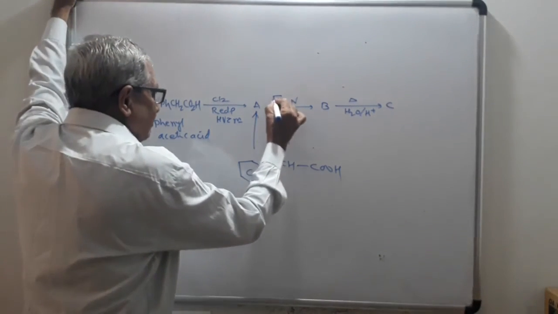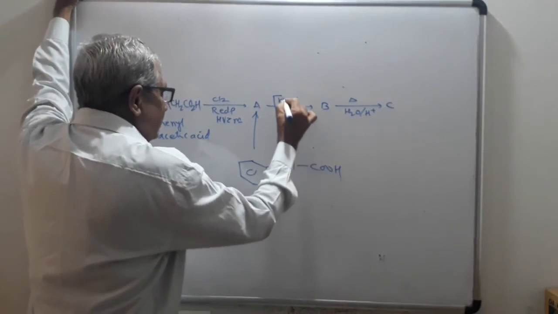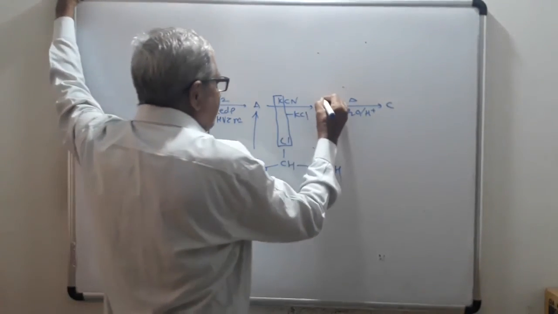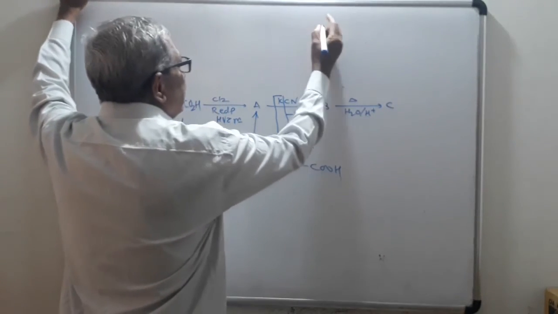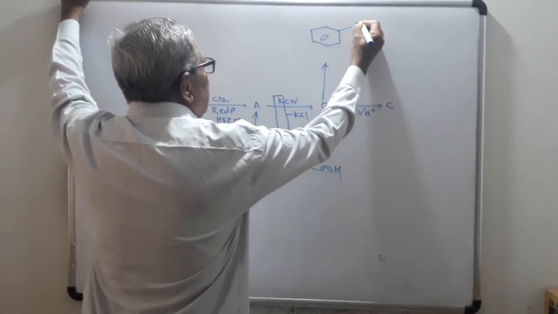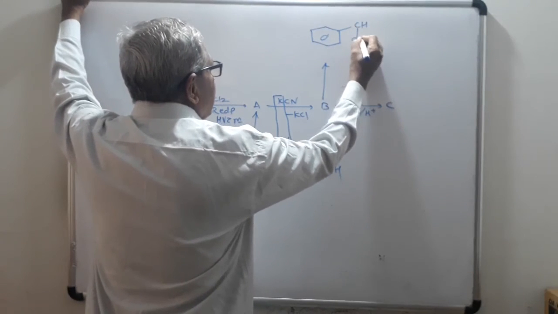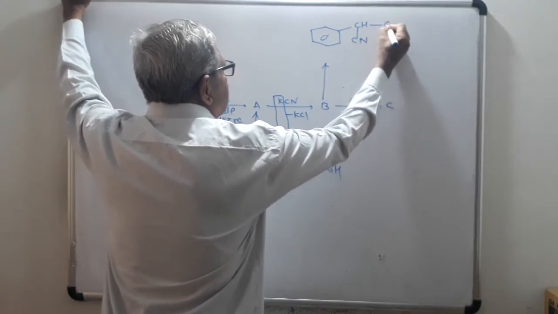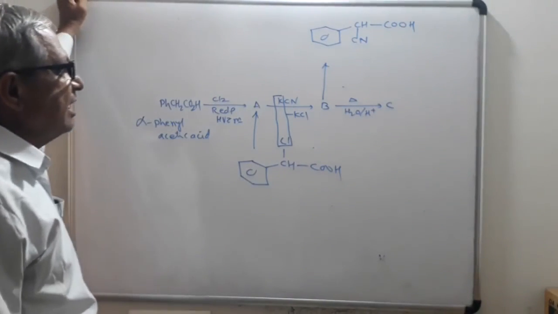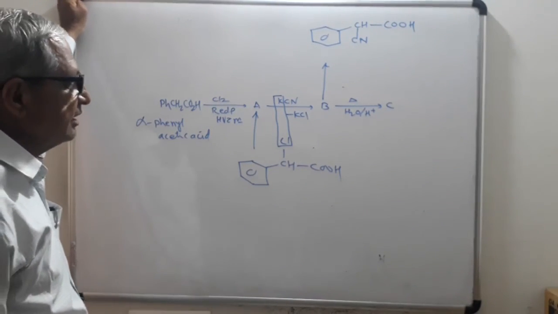Then it is treated with KCN. You can easily remove Cl minus. So the structure of B will become benzene ring, CH, you will get here CN, COOH. The name of this compound is alpha cyano alpha phenyl acetic acid.